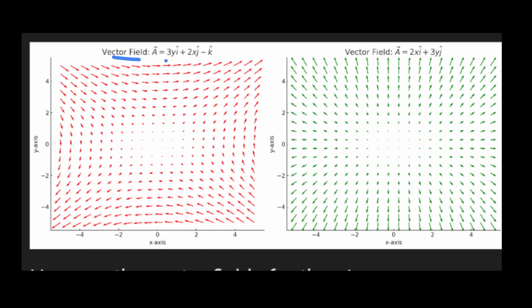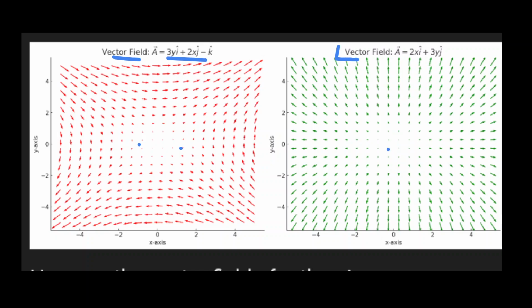Now this is a vector field. This is drawn in the 3 dimension, so it is a bit difficult to visualize. We will see the same field when we will study some positive charge in electromagnetism. Now this one field which we like to see, so the vector is 2x i cap plus 3y j cap. Now if we plot this, so you will find all these vectors are pointing away from some point.